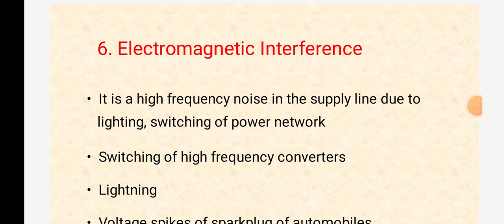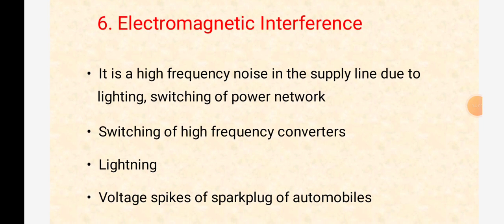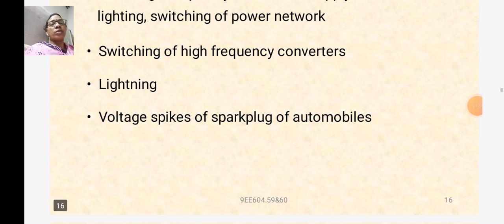Next is the electromagnetic interference. It is a high frequency noise in the supply line due to lightning, switching of the power network, switching of high frequency converters, and voltage spikes of the spark plugs of automobiles.